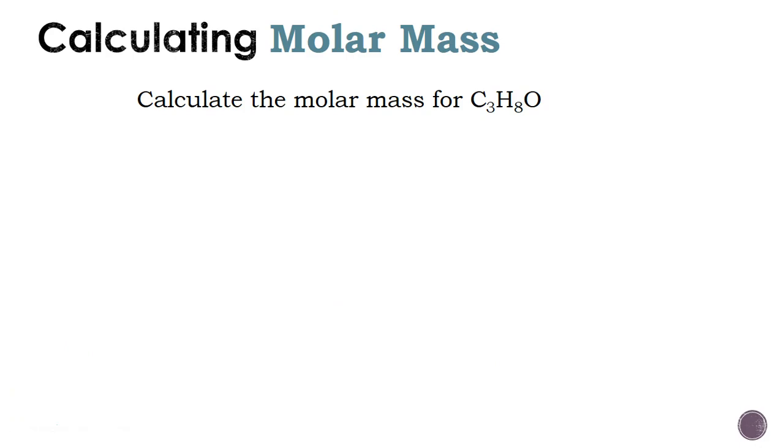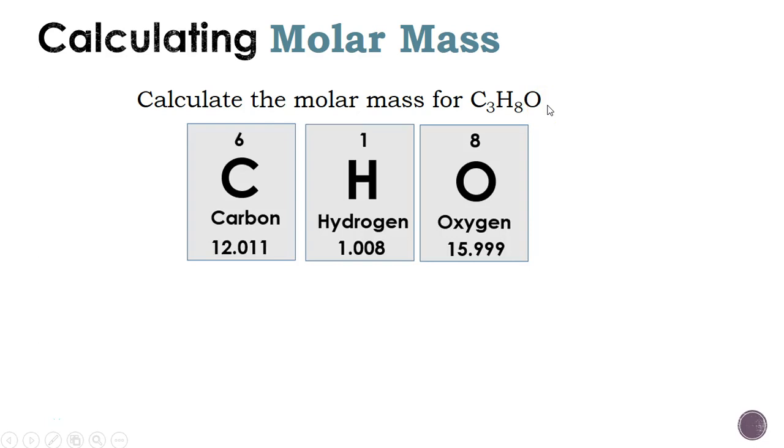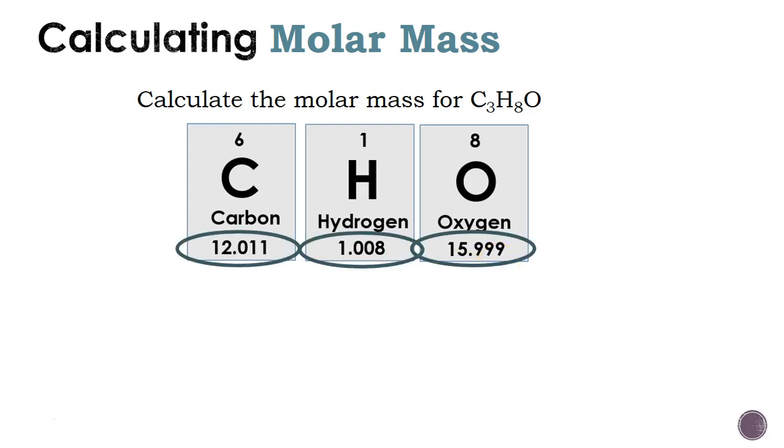Here we have a molecule. We want to calculate the molar mass of C3H8O. What we need to do is look at all the elements that we have in this compound. We have carbon, hydrogen, and oxygen. These are what the squares look like on the periodic table of elements. If you take a look at our formula, we have 3 carbons, 8 hydrogens, and only 1 oxygen.